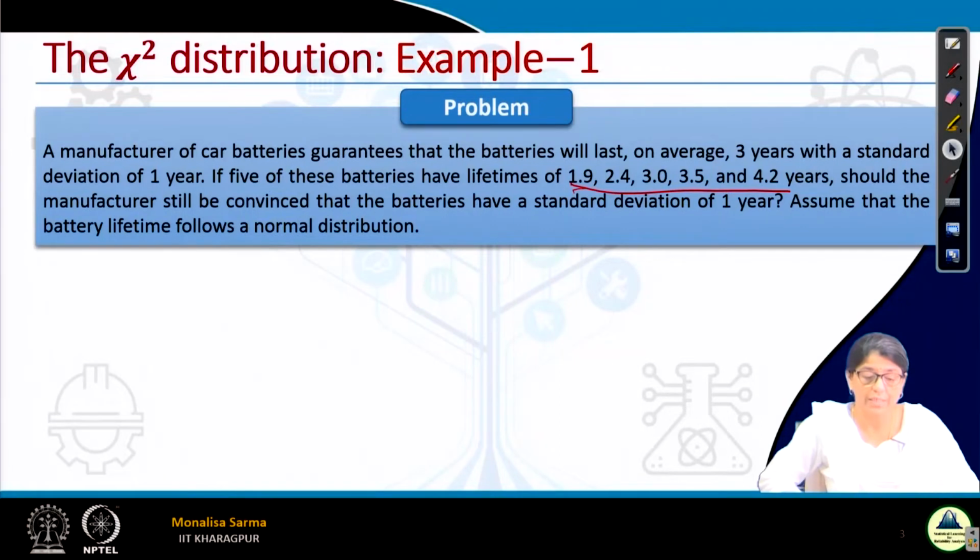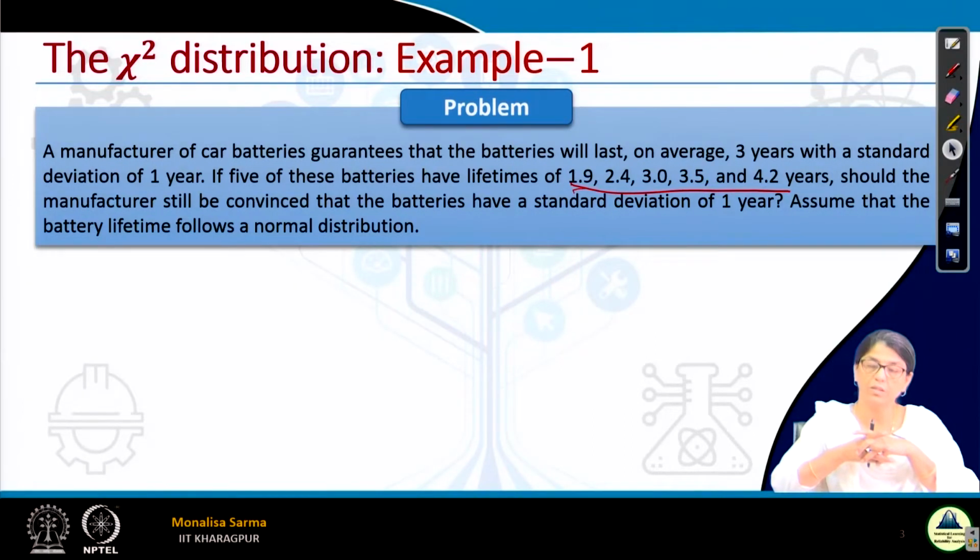Should the manufacturer still be convinced that the batteries have a standard deviation of 1 year? We are not interested in finding the average lifetime. We are interested in the variance among them: is the manufacturer's claim correct? That's what he wants to find out.